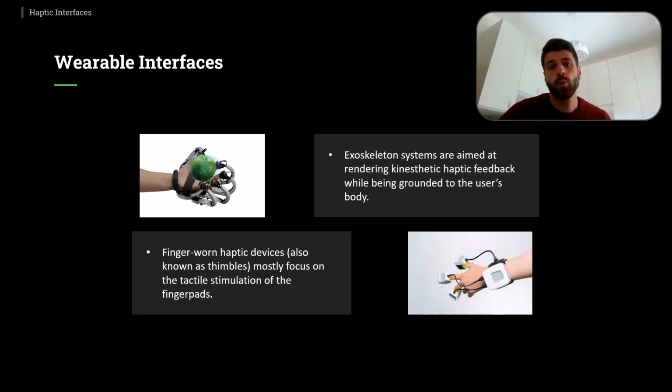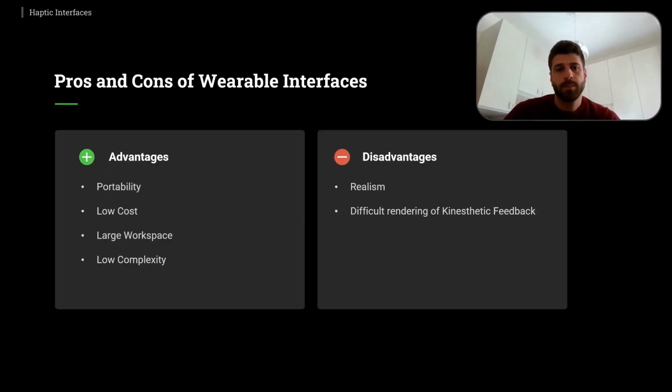Eventually, we have the wearable interfaces, which are further divided into two categories: the exoskeleton systems, which are able to render the kinesthetic feedback, and so also to apply forces and torques opposing the muscles of your fingers and hand, and the finger-worn haptic devices, which instead rely on the cutaneous feedback, so are only able to apply that kind of feedback and not the kinesthetic one.